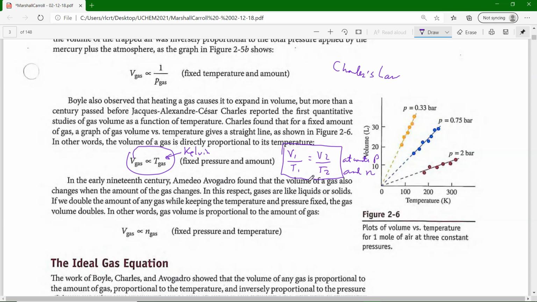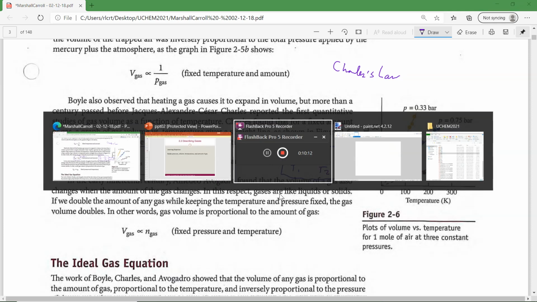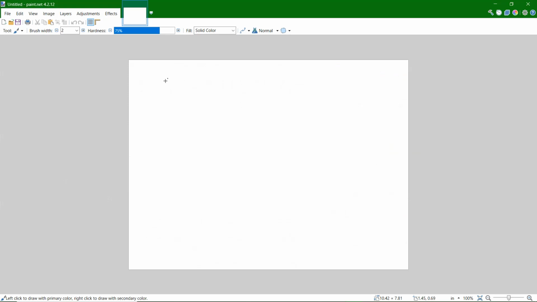So let's just make up an example here. Let's say I had 5 liters of some gas. Notice we don't care yet what the identity of the gas is. We're assuming all gases are ideal, and we'll get more to that very soon. And the temperature was 20 Kelvin.